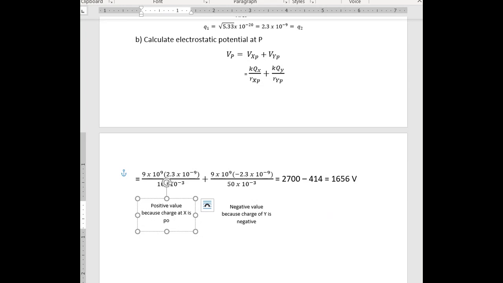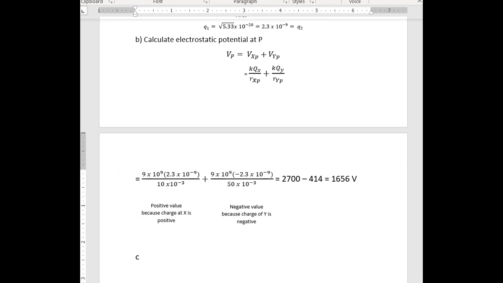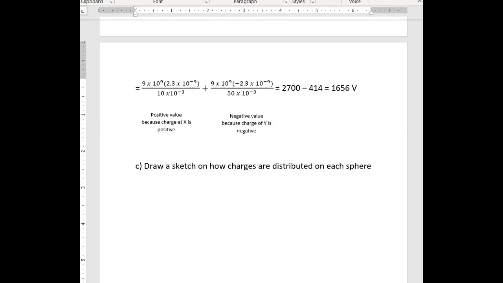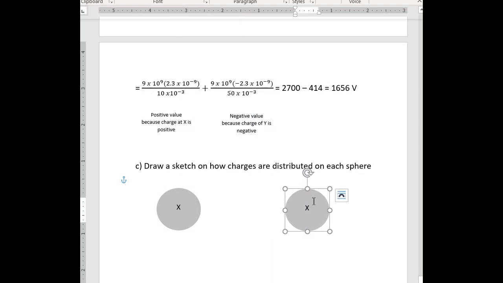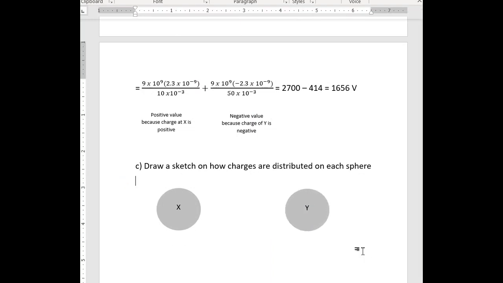X is positive. For C, draw a sketch of how charges are distributed. So here sphere X and sphere Y, charges are distributed on the surface, near the surface of the sphere.